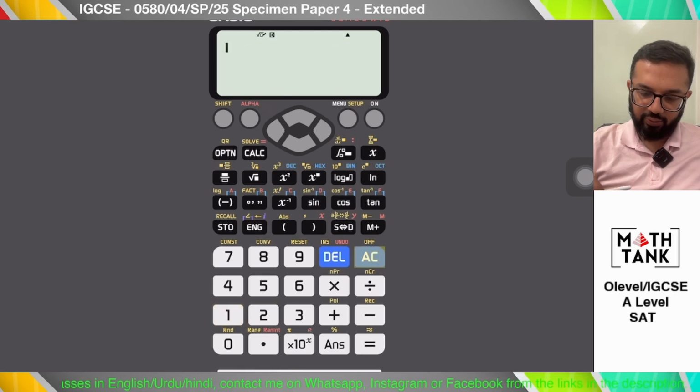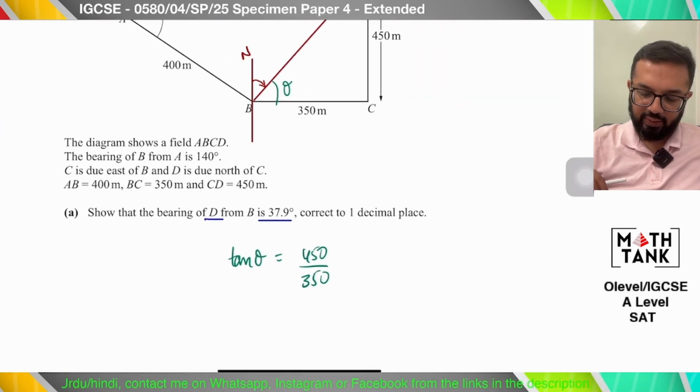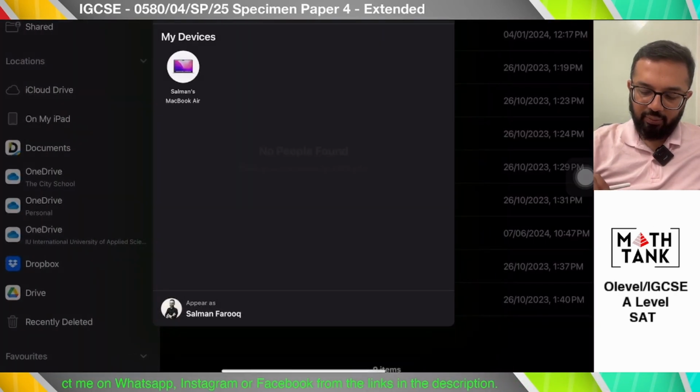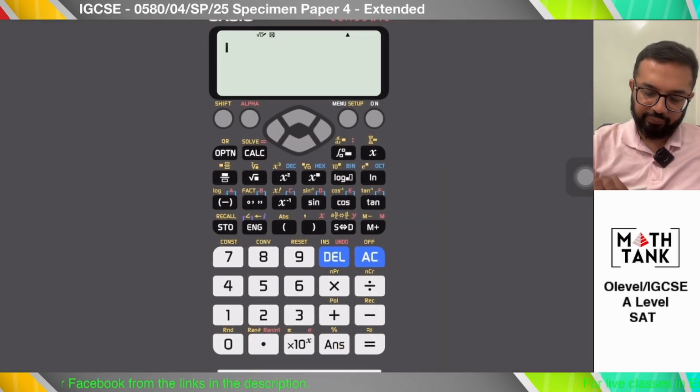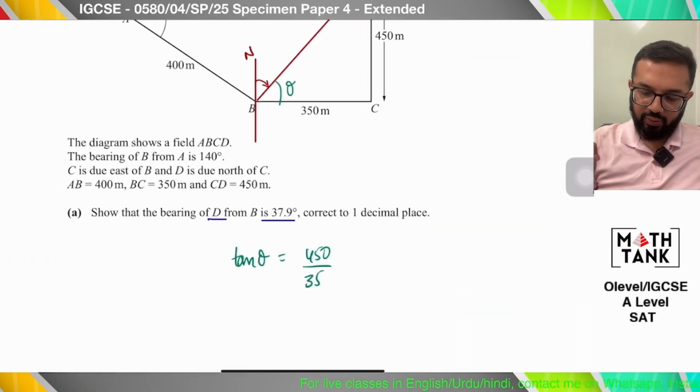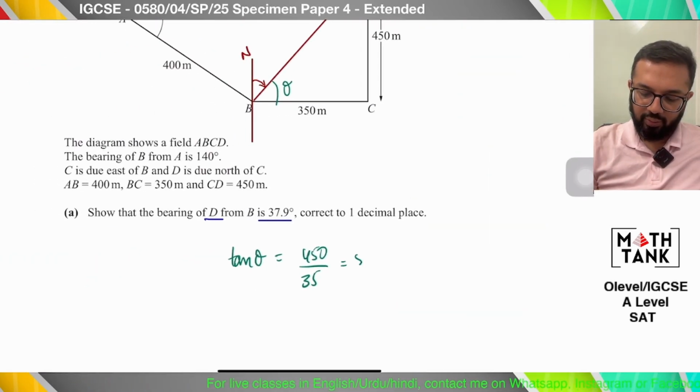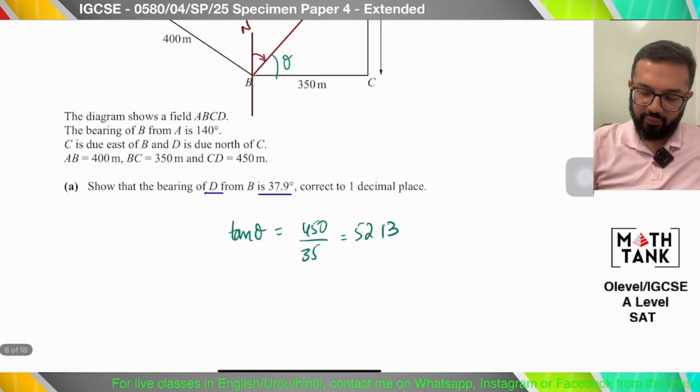If you are an advanced student, you would know what that is. Tan inverse of that gives 52.13.